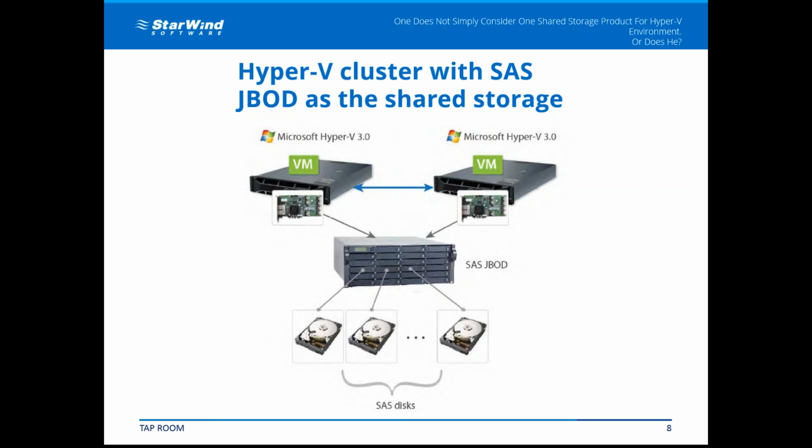But it requires dedicated hardware. Actually SAS JBOD enclosures, obviously SAS controllers and SAS disks, SAS HBAs. It is impossible to use existing SAS or SATA disks already mounted on physical Hyper-V servers. A single SAS JBOD doesn't guarantee 100% fault tolerance because not all the components inside of it are redundant.